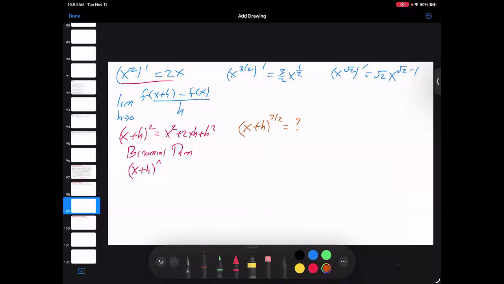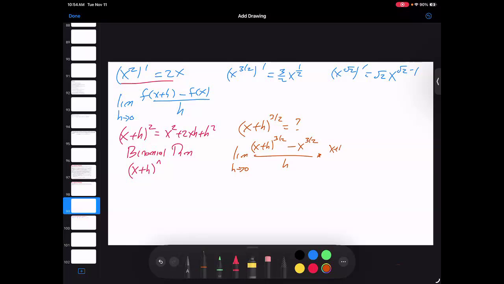There are two ways to do this. One, and hopefully this will impress you, is this is x plus h to the 3/2 minus x to the 3/2 over h, right? I can multiply by 1 without changing anything. What's a good choice of 1 here? X plus h to the 3/2 plus x to the 3/2.